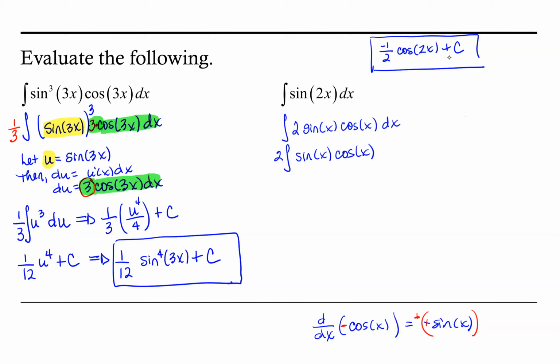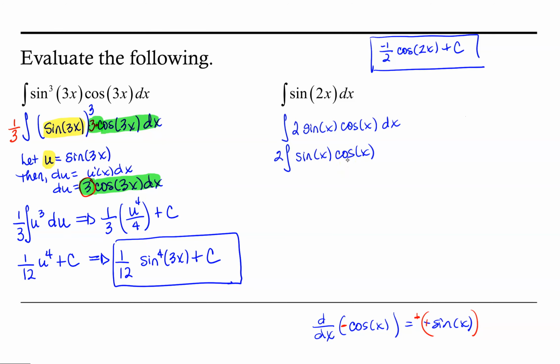And now as we look at this, we don't see necessarily any obvious composition of functions. But what we can notice is that one of our factors is the derivative of the other factor. So that's another way you can look for applications of substitution: one of the factors in the integrand is a derivative of the other factor.